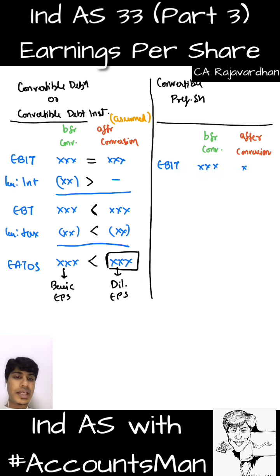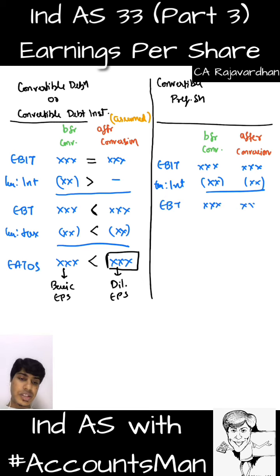In both the cases this will exist, and we'll also do less interest. Let us assume that these interest-bearing debt instruments are not convertible in nature. Then our earnings before tax will come, and this will be the same, and there will be no difference, and less tax amount will also be the same.